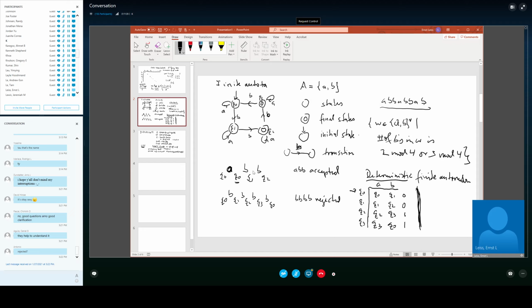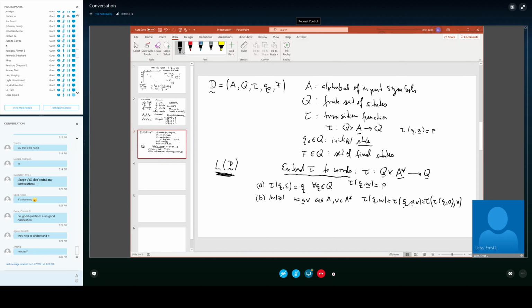So when we had ABB, we used up the A, which gets us from Q0 back to Q0, and then we use up the first B, which gets us from Q0 to Q1, and then the third letter, B, gets us from Q1 to Q2, and that's the end of the word, so we end up in Q2. And that is exactly what is being done here.